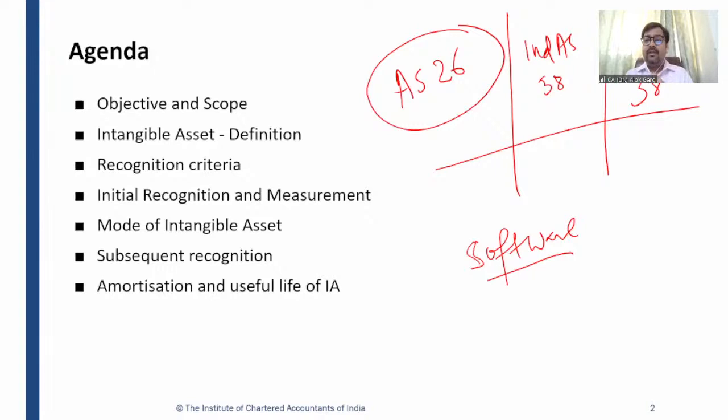So friends, practically speaking, this is one of the most ignored areas. If you see the balance sheet of multiple companies, for example, Ultratech Cement, you will find that around 15% of the entire balance sheet consists of intangible asset. Big number. They have mining rights, they have software.